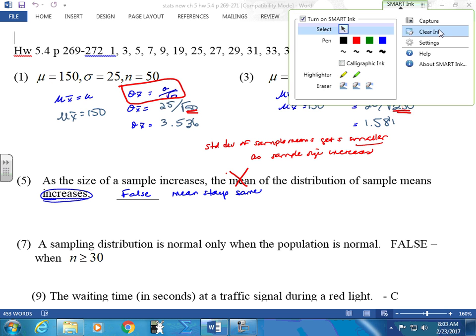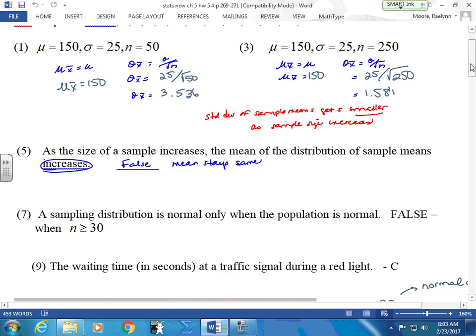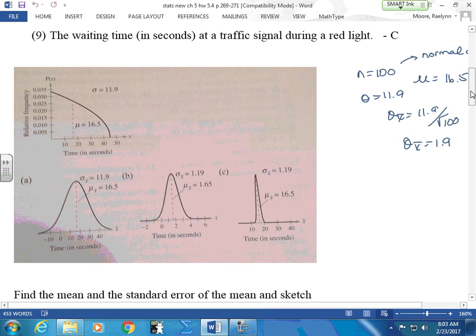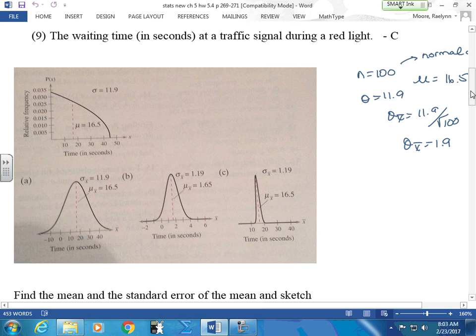The graphs for number 9, so what they were looking for is this. This is the waiting time in seconds at a traffic light, and this is your relative frequency. But does this look like a normal curve?